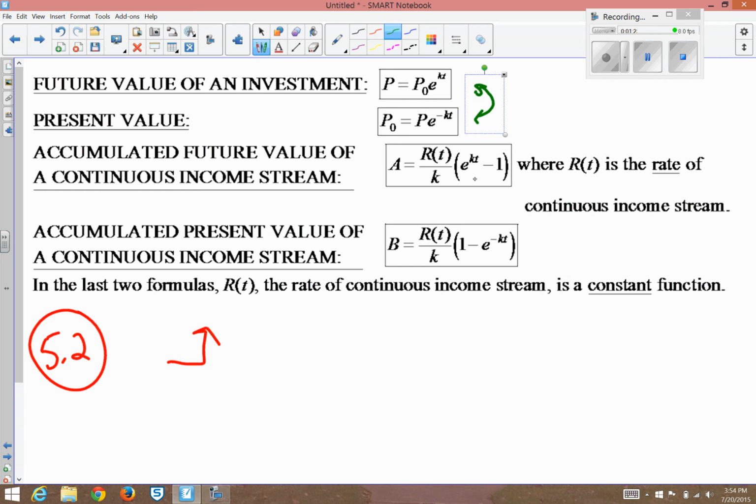In the future value, it's e to the kt minus 1, and in the present value, the 1 comes first, minus e to the negative kt. Also, the present value has the negative on the exponent kt, no negative on the exponent in the accumulated future value.